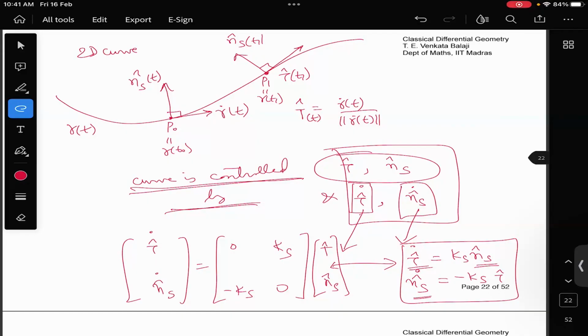The curve which is given by gamma t is the solution. By geometry, because this skew symmetric matrix is involved, notice that it is equal to the negative of its transpose. All the diagonal entries are 0. Because of this skew symmetric matrix, this curve is completely fixed up to rigid motion.